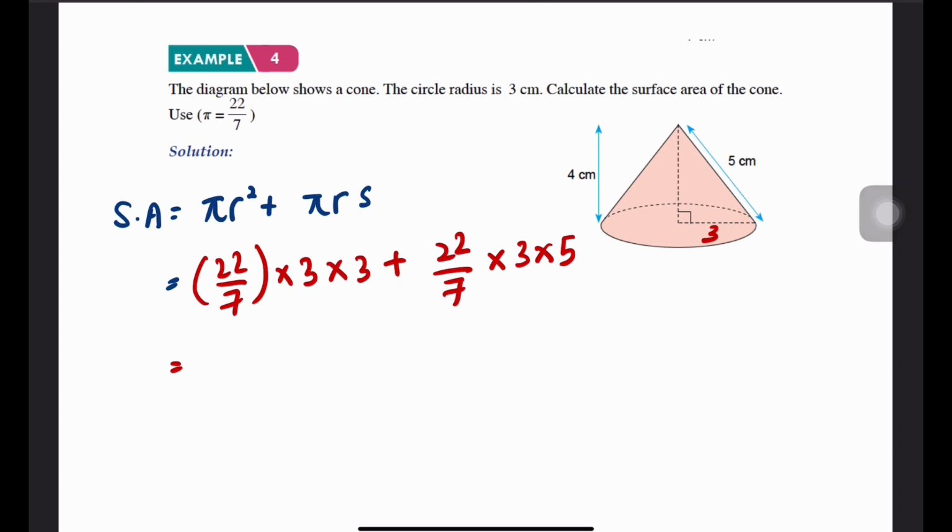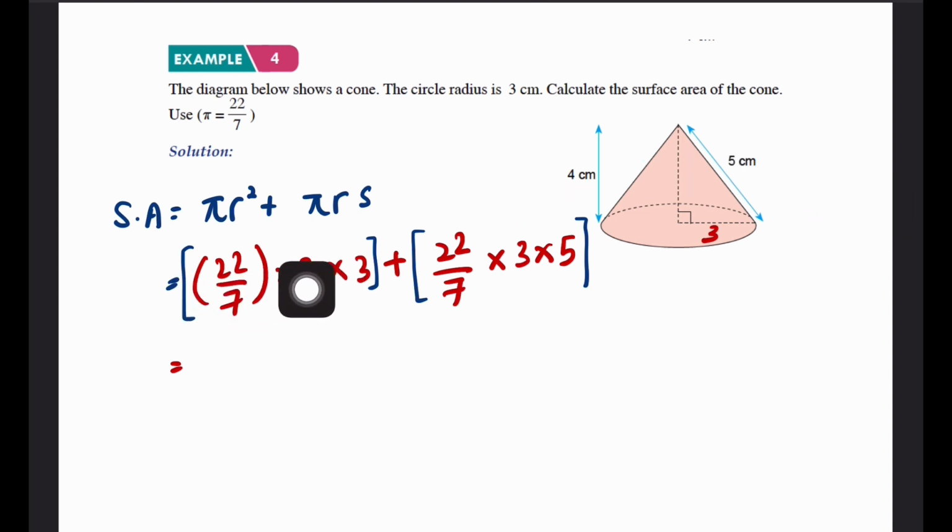So you can substitute this value into your calculator. Please be careful, kalau boleh, kalau awak type sekaligus, cubalah letak kurungan yang ni. Just in case kita tak tahu apa jadi kan. Ataupun awak boleh masukkan satu-satu, the first part first and then the second part. For example, saya masukkan satu-satu. So the first part, calculator, kita akan dapat 28.29.